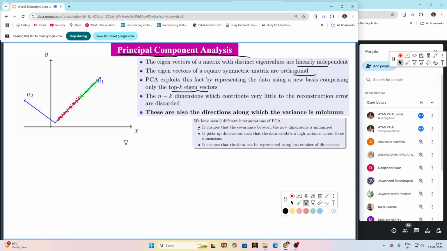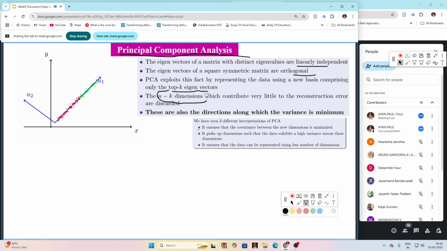We will eliminate the rest of the n minus k dimensions, because these n minus k dimensions will contribute very little to the data, or very little to the reconstruction error. So we can just eliminate these dimensions and keep only the top k eigenvectors. These are also the directions along which variance is minimum.